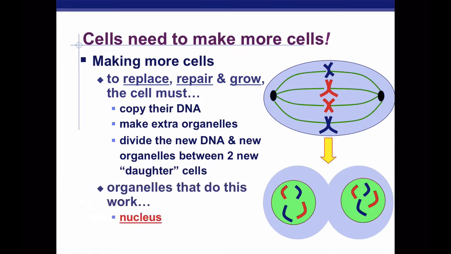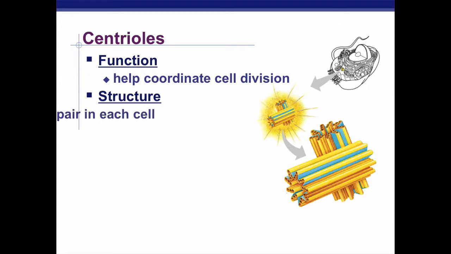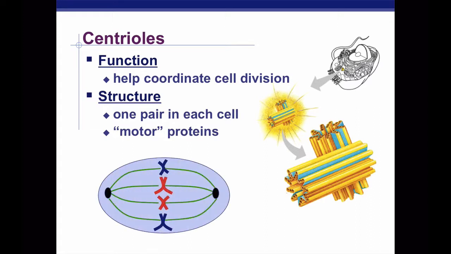The organelles that are going to do this are the nucleus and centrioles. The centrioles' function is to help coordinate cell division. As for structure, there's one pair in each cell, and it's going to be really close to the location of the nucleus. There's a motor protein that's going to help pull the chromosomes apart with spindle fibers.